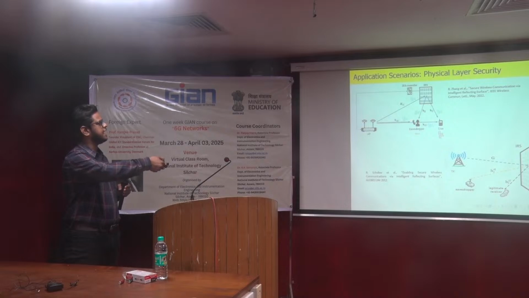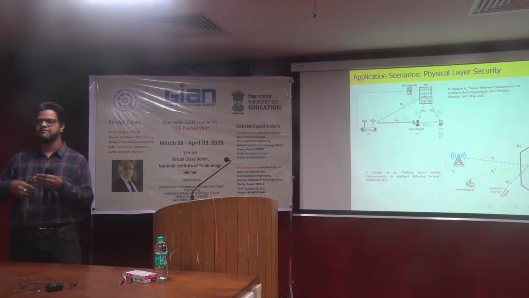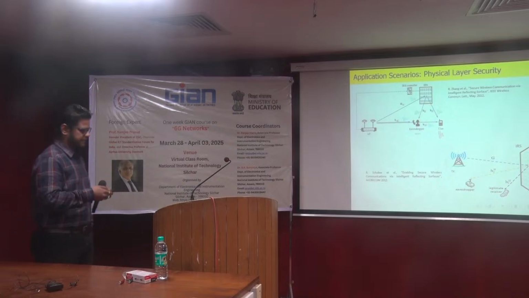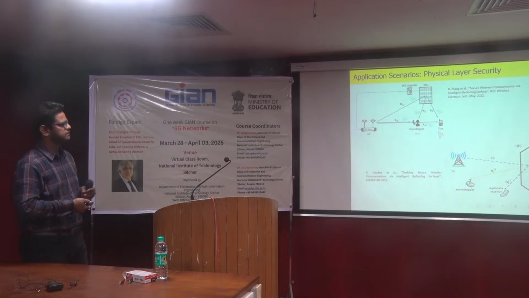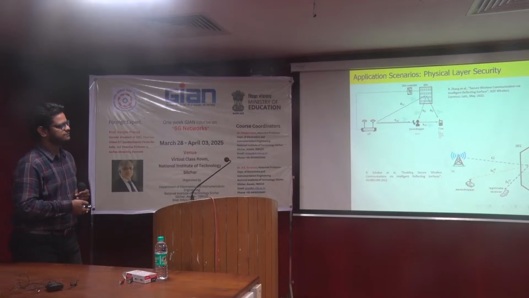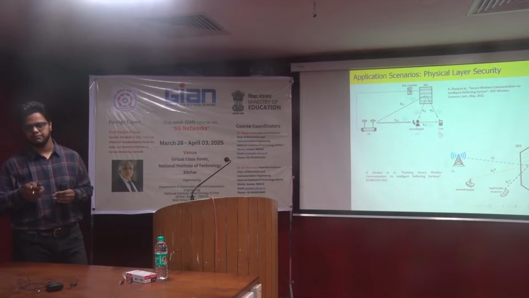So this signal can be nullified, and the signal received at the user has multiple copies of the received signal. Then the second case is a simple case where the transmitter has no direct link with either the legitimate receiver or the eavesdropper. So here the transmitter is using the IRS to make the communication link.